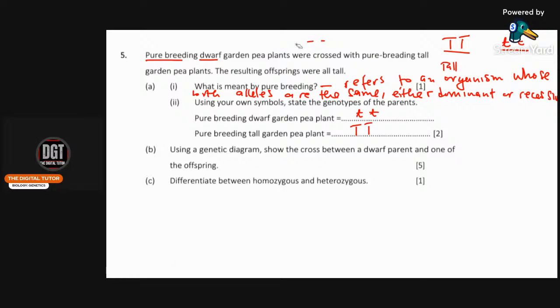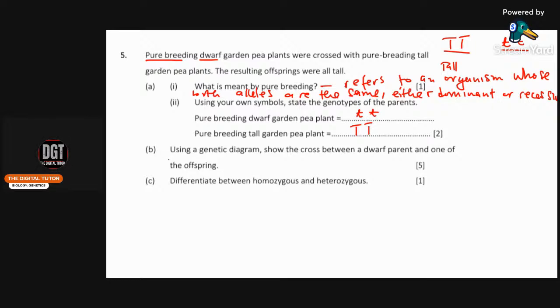That is true breeding: same letters, meaning both are capital letters or both are small letters. Okay, I guess up to this point, we have no problem.